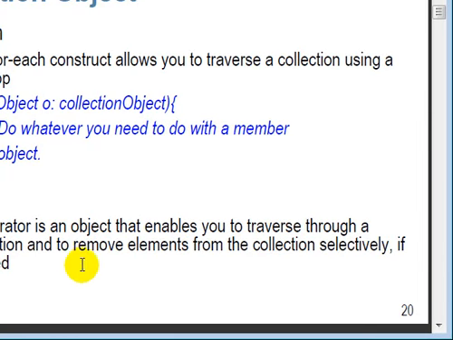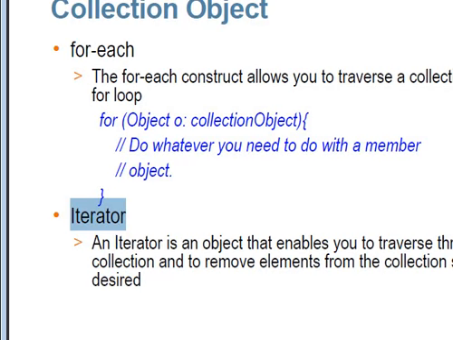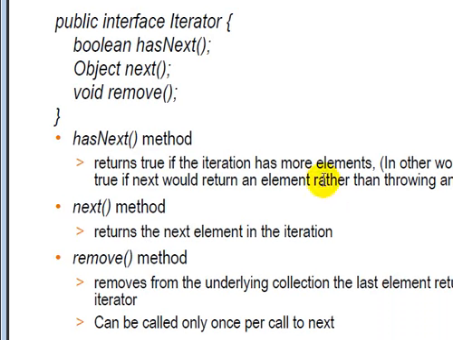Iterator is an object that enables you to traverse through a collection and remove elements from the collection selectively if desired. So let's see the iterator interface. It supports three methods: hasNext, next, and remove. Remove is rarely used. The hasNext method returns true if the iteration has more elements.